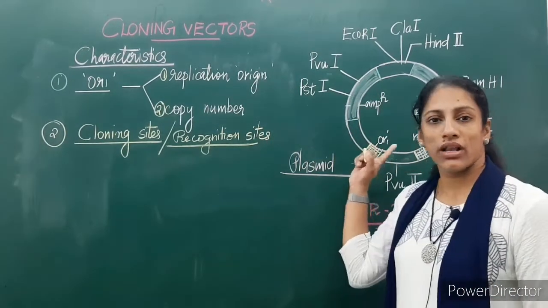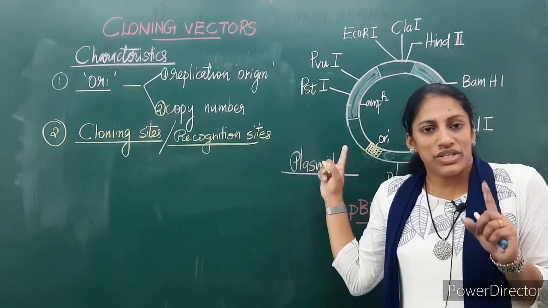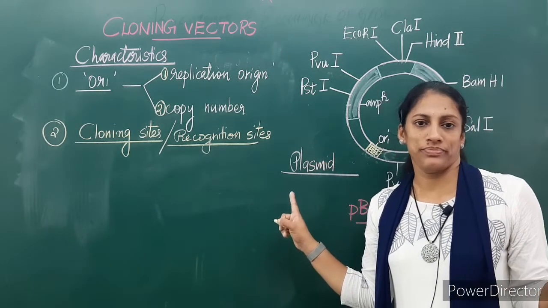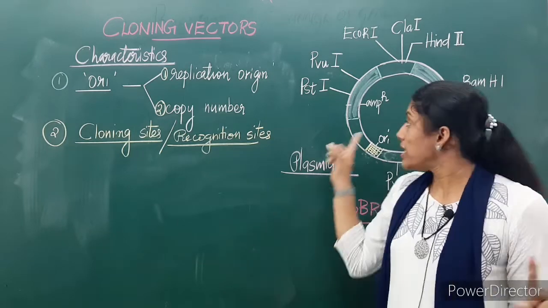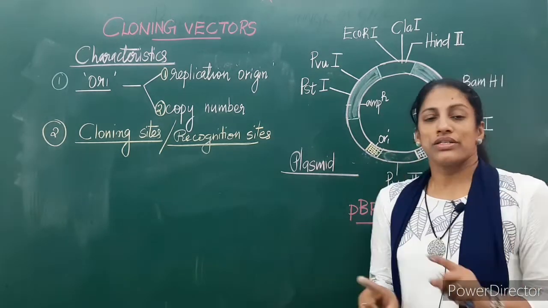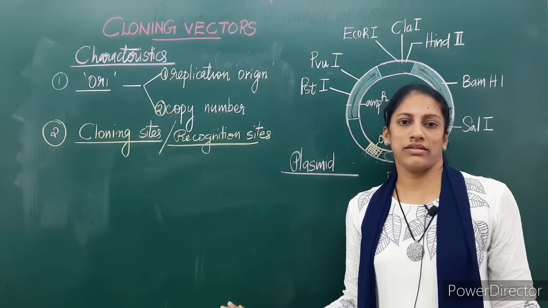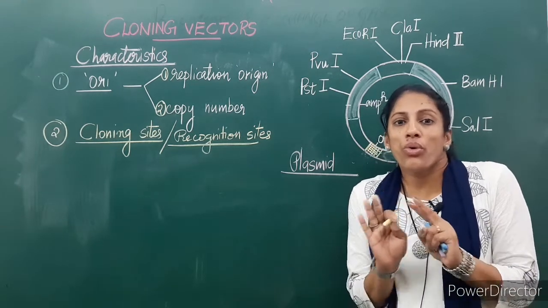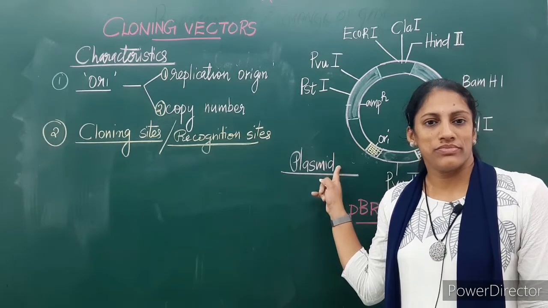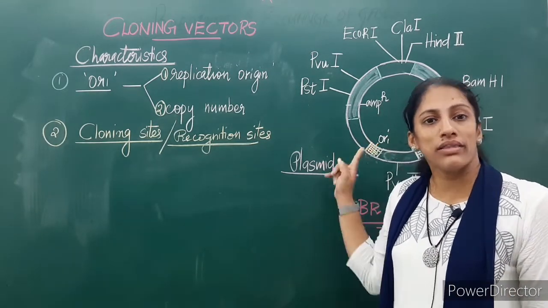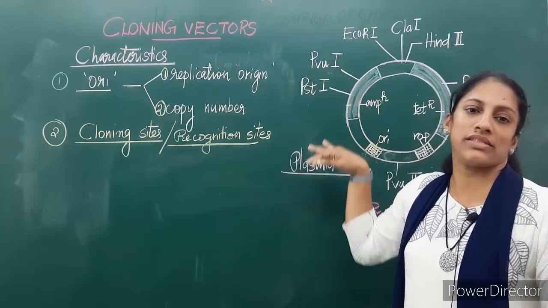If this is a cloning vector, and it does not contain any palindromic sequence inside, imagine this cloning vector is not having any palindromic sequence inside. That means with no enzyme can we cut this. Using whatever enzyme, we are unable to cut this plasmid and insert a segment.